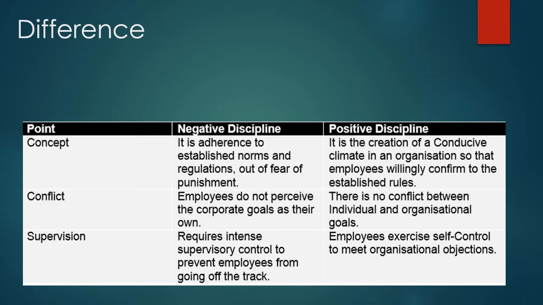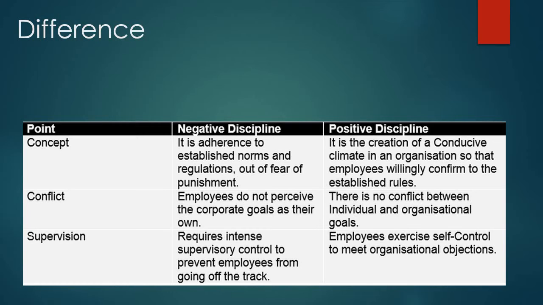The difference between the two approaches may be summarized by the table. Negative discipline is adherence to established norms and regulations out of fear of punishment, whereas positive discipline is the creation of a conducive climate in an organization so that employees willingly conform to the established rules.